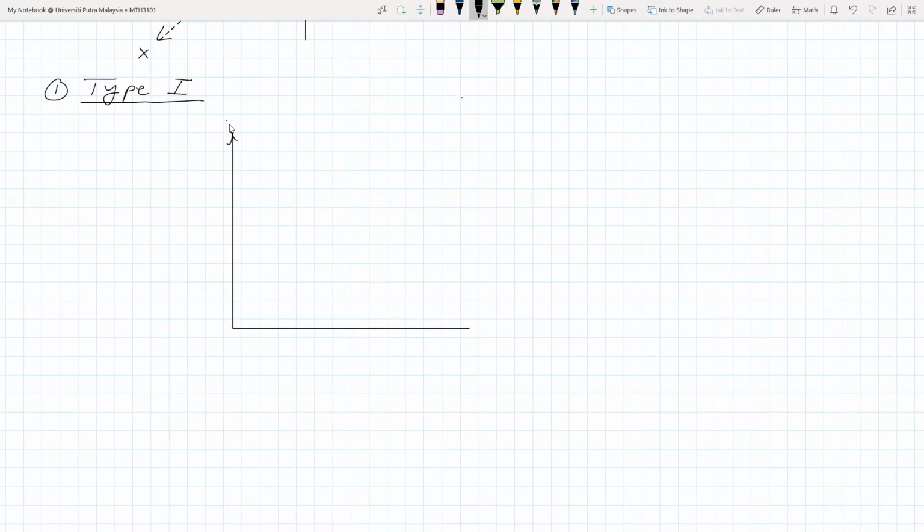This is X, this is Y, and as usual the horizontal axis is the X axis.